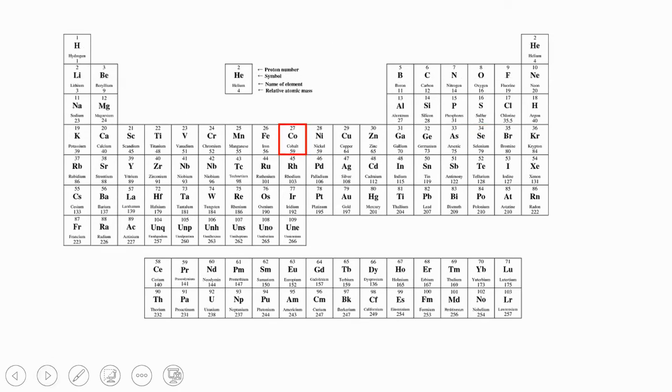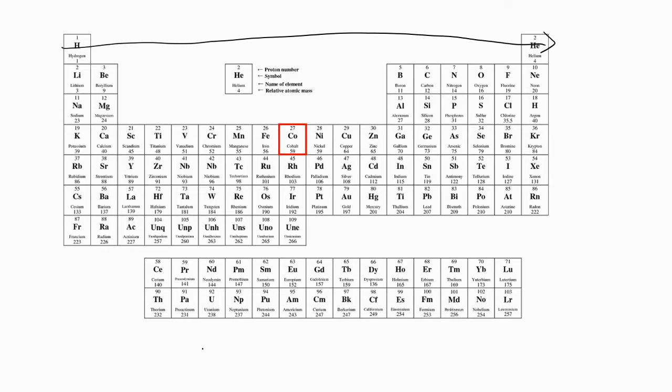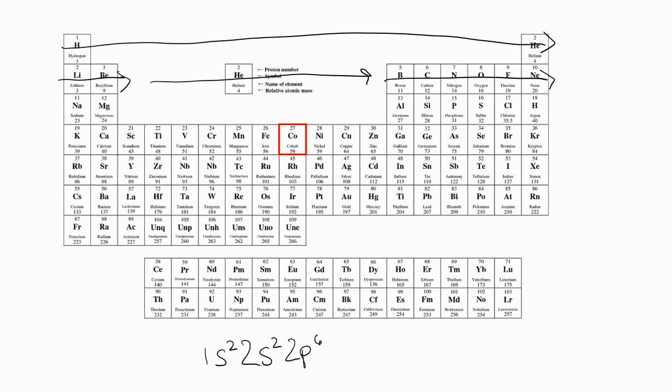Okay, so let's go into one that's a little bit more difficult, because we're dealing with the d orbitals now. So this is cobalt, and we're going to do the exact same thing as we did before. So starting off, going across, this is the 1s2, and then we've got the 2s2 here. We keep going across, and we filled up the 2p level, so that's 2p, and we did all of them, so it's 6.